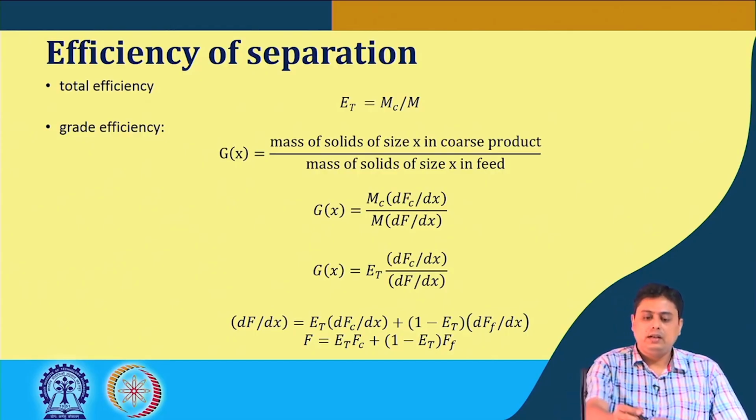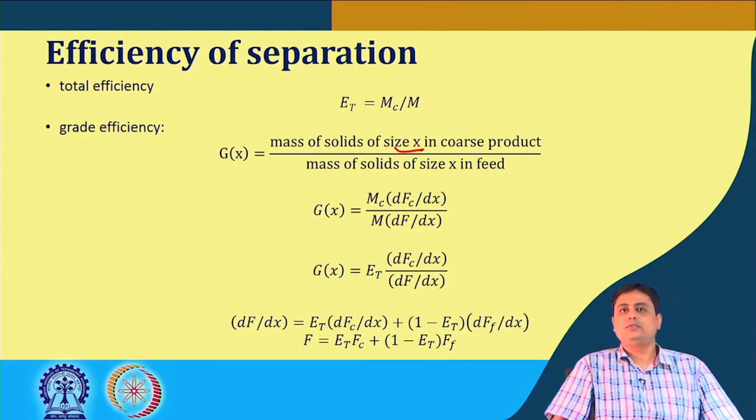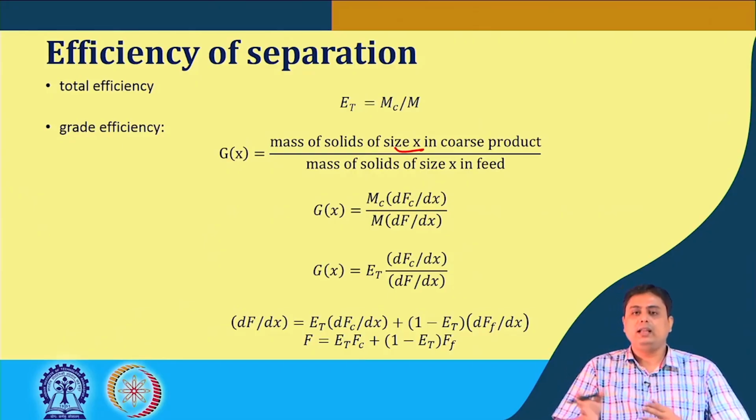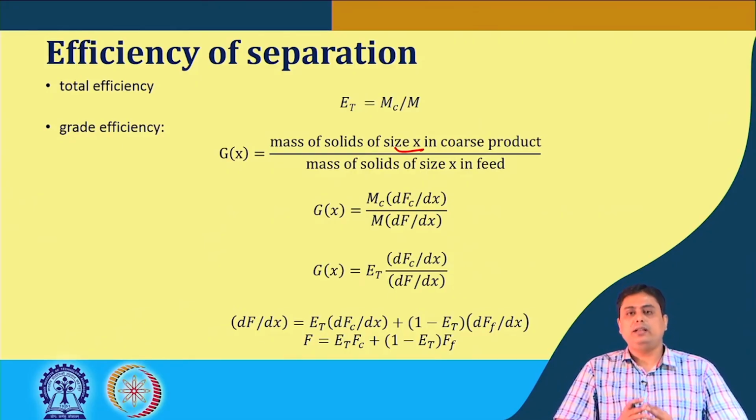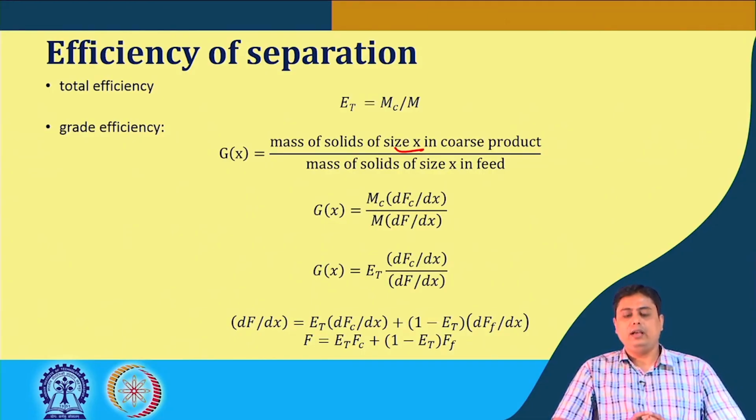So, x is 15 micron in this case. The 15 micron particles in the coarse product divided by the 15 micron particles in the inlet or the feed is the grade efficiency of that cyclone separator.